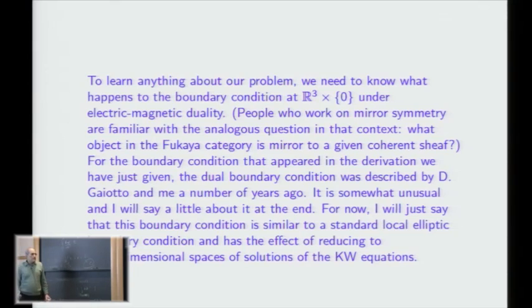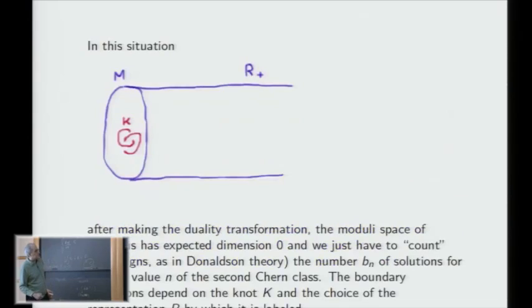So all I will actually say today is that it's a standard elliptic boundary condition that has the effect of reducing to finite dimensional spaces of solutions of the KW equations, which actually are generically zero-dimensional. So generically, it reduces to finitely many solutions of the KW equations. So in this situation, after making the duality transformation, the moduli space of solutions has expected dimension 0, and we simply count with signs, as in Donaldson theory, the number b sub n of solutions for a given value n of the second Chern class.